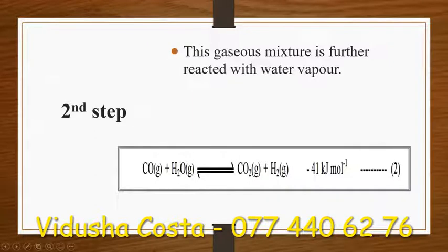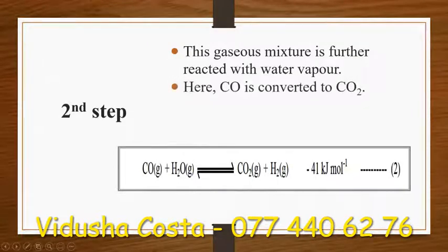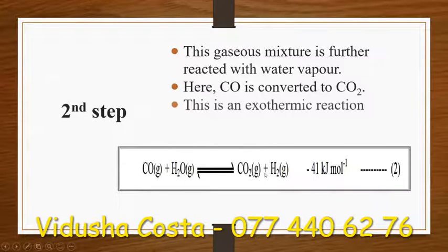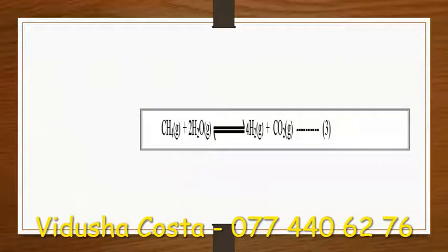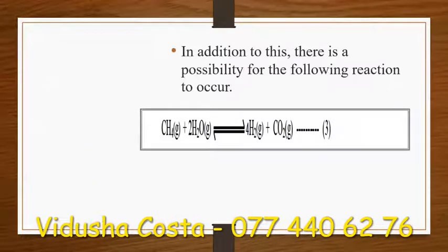It is exothermic. So carbon monoxide is converted to carbon dioxide, and this is an exothermic reaction. And I told you that all the CH4 does not react. That means in addition to the second reaction, there is a possibility for a third reaction where methane reacts with water vapor to give hydrogen and carbon dioxide. That is also possible.